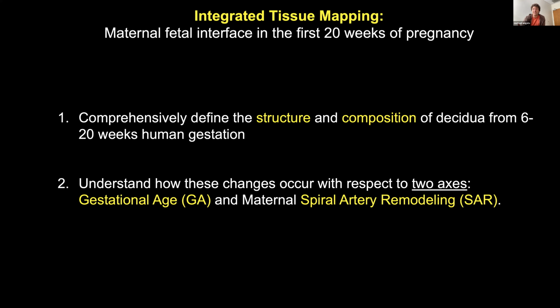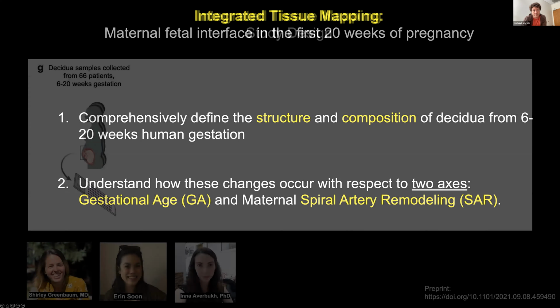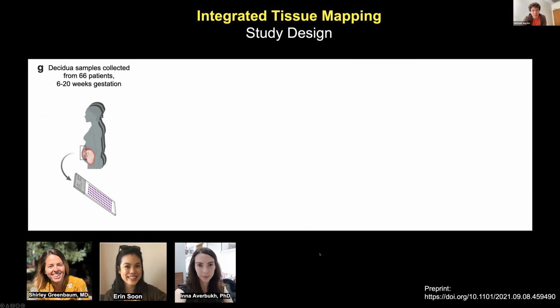So do we see that the decidua just changes in lockstep as time goes on, or, as I'm going to show you, is there also local tissue level regulation? You see these ongoing trends, but there's also some degree of local regulation as well.